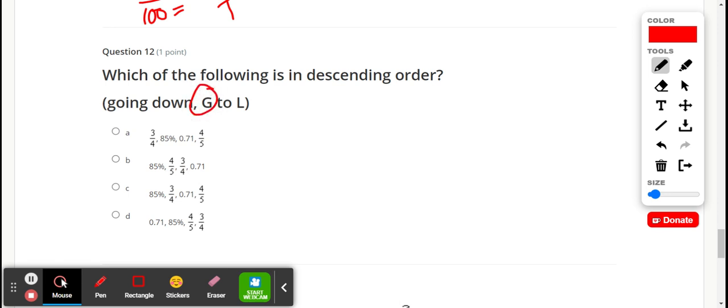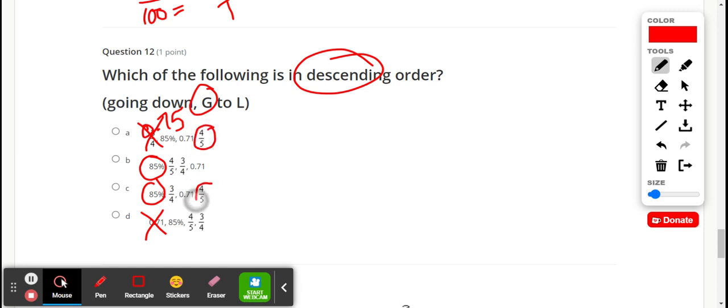Oh, going down or descending, greatest to least. So this is 0.75. 0.75 is not the greatest, or 0.71 is not the greatest. So now we need to see which one is the least. Oh, we crossed that one out already.